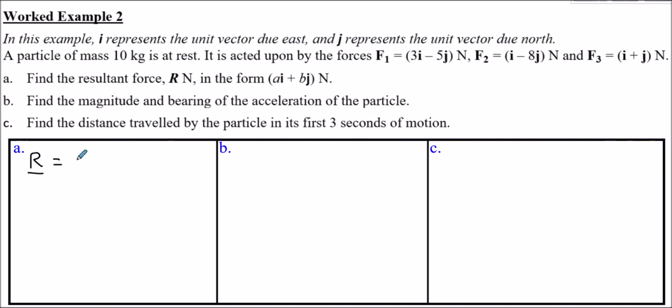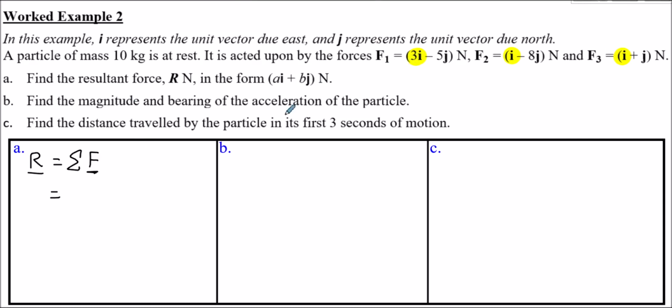So R is just going to be the total of all these forces. So what I'm going to do here is consider the i components separate to the j components. So we have 3i, another i, and another i.